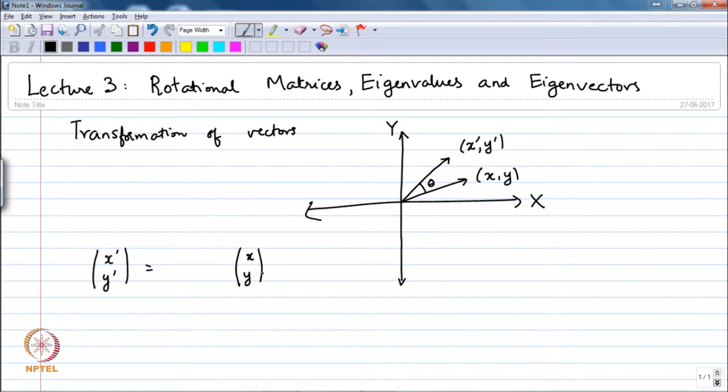So you want a transformation that takes this vector x y to this vector x prime y prime, and as we said before, a general linear transformation is represented by a matrix. This 2 cross 2 matrix is what is called the rotational matrix, and I will just call it R of theta. So this is rotation by angle theta.